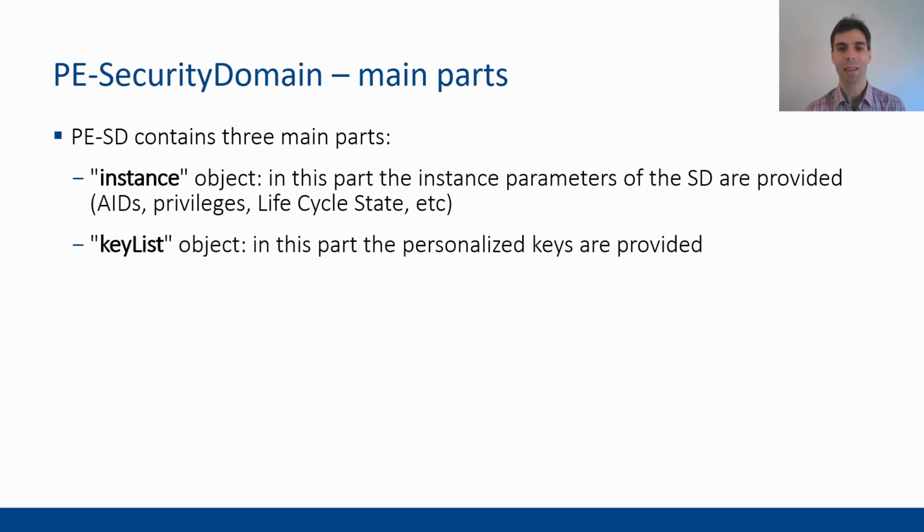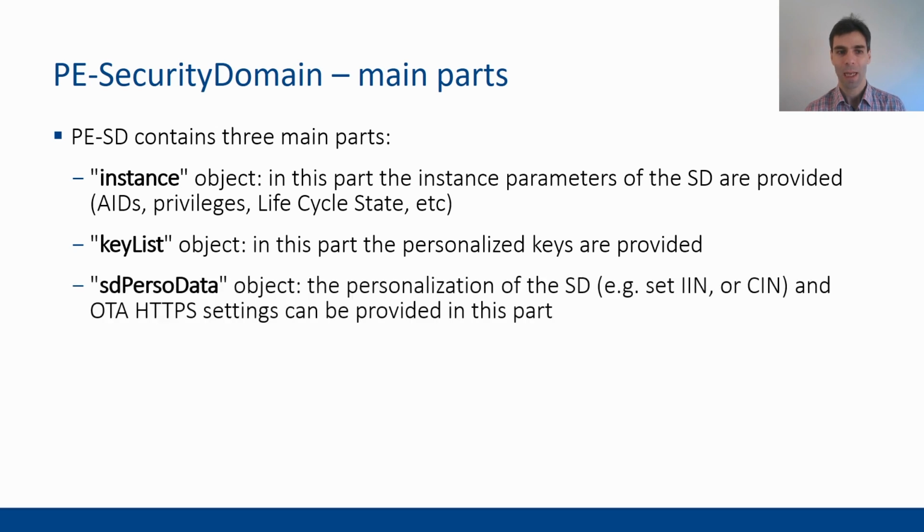In this part, the personalized keys are provided. And the third one is the SD perso data object. The personalization of the security domain, for example, setting issuer identification number, card identification number, and the OTA HTTPS settings can be provided in this part.